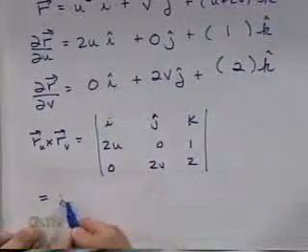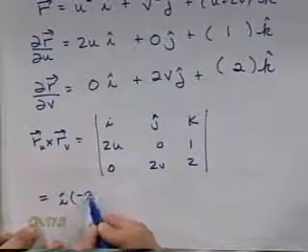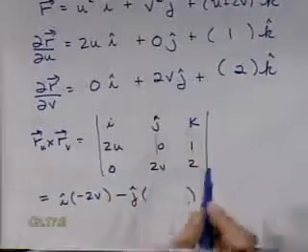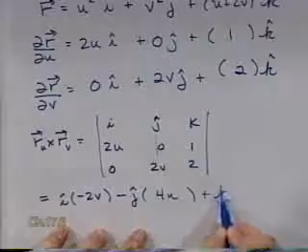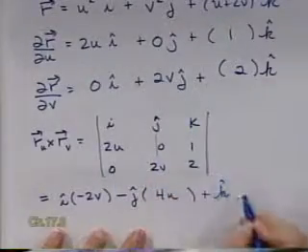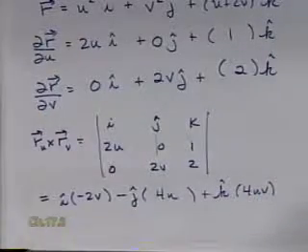And this equals i times, eliminate row and column that i's in, 0 minus 2v, minus j times, eliminate row and column that j's in, 4u minus 0, plus k times, eliminate row and column that k is in, we get 4uv minus 0. Okay?